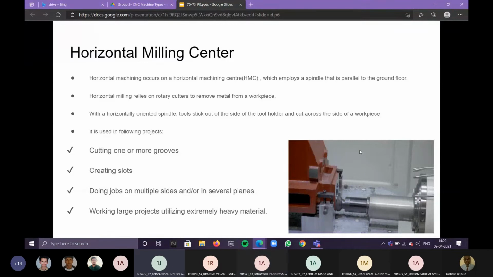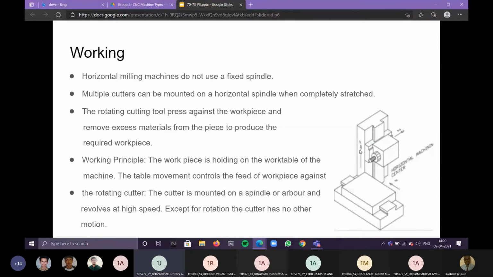The other important parts are the clamps, handles, knee crank, table feet directional lever, saddle feet directional lever, the normal lever, and drawing bolt. So basically, I'll now try to explain how a horizontal milling center works. Horizontal milling machines do not use a fixed spindle. Multi-cutters can be mounted on a horizontal spindle across the table.